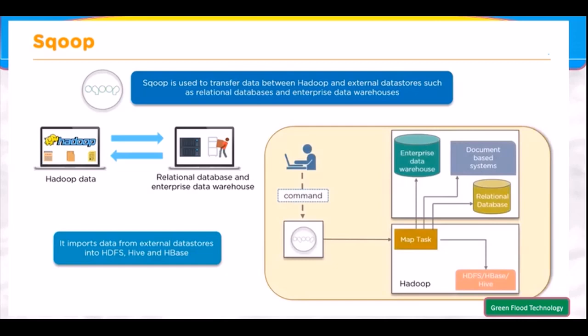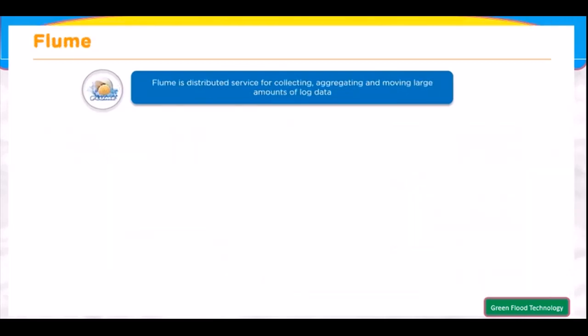The other is Flume. Flume is designed for large-scale data movement. Flume is a distributed service for collecting, aggregating, and moving large amounts of data.